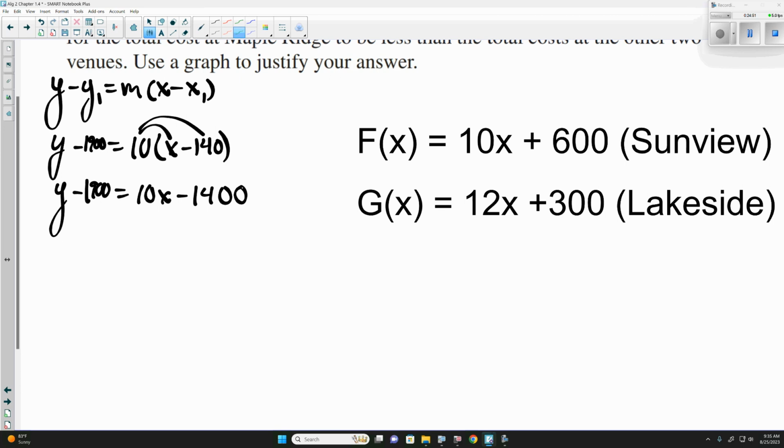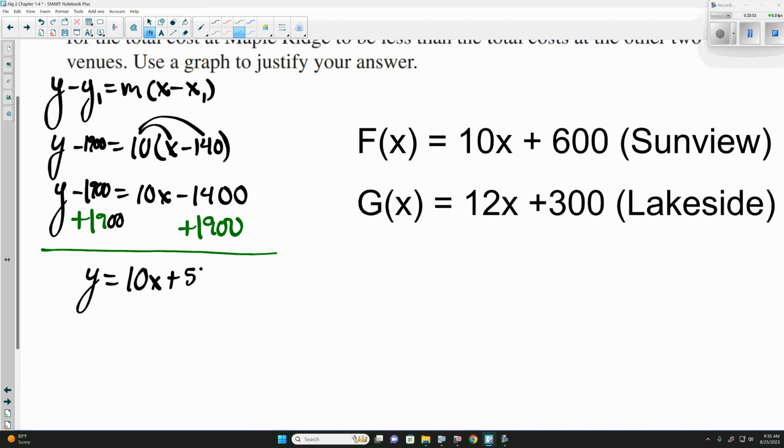And last but not least, we need to add 1900 to both sides, telling us y is equal to 10x plus 500. So how much does it cost for the initial fee? $500. So this is very close to Sunview.